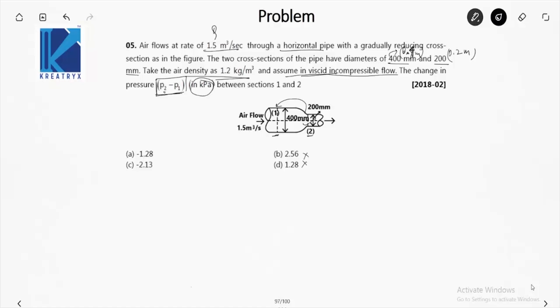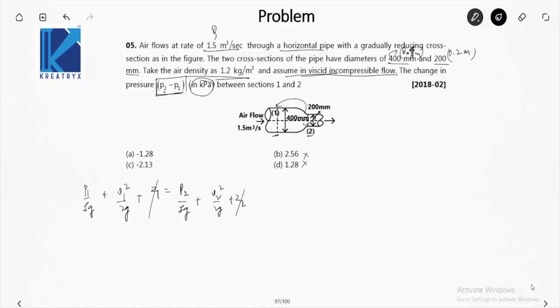Okay. So now let's apply Bernoulli's equation between section one and section two. That will be P1 by rho g plus V1 square by 2g plus Z1 is equal to P2 by rho g plus V2 square by 2g plus Z2. As it is a horizontal pipe, Z1 will be equal to Z2 and this gets cancelled out.